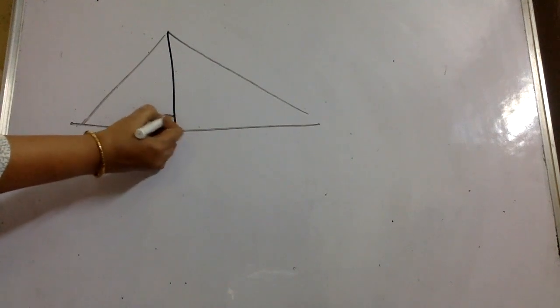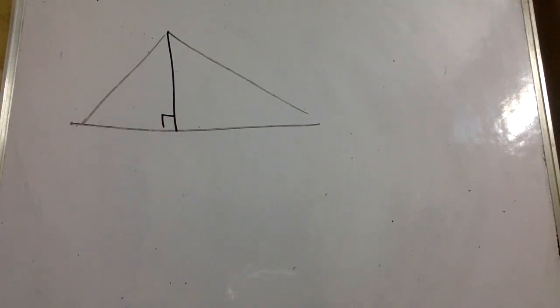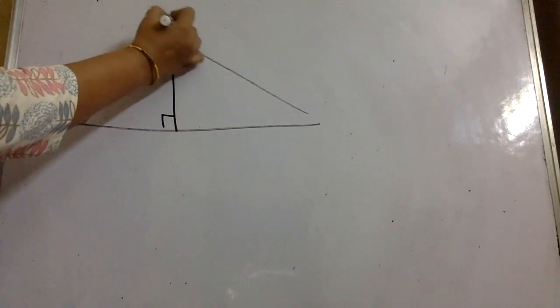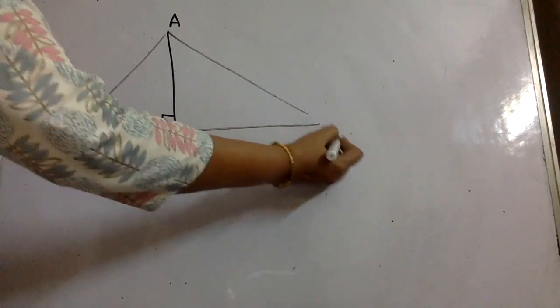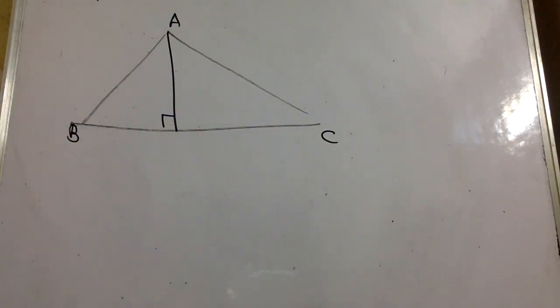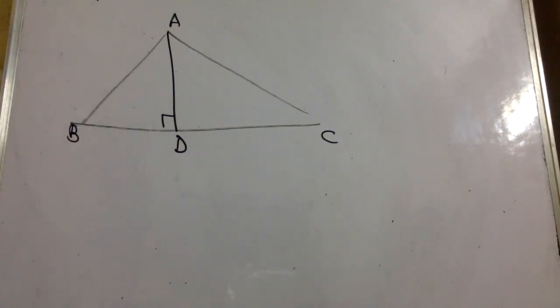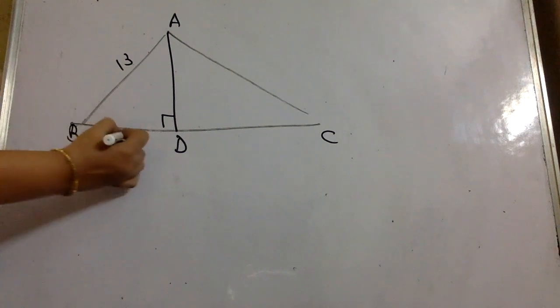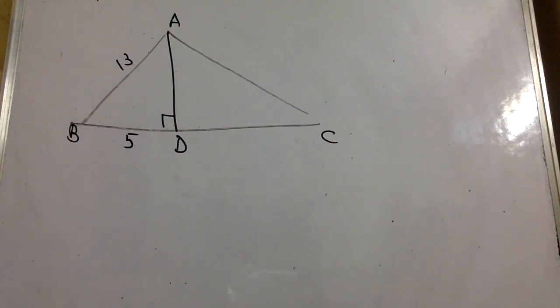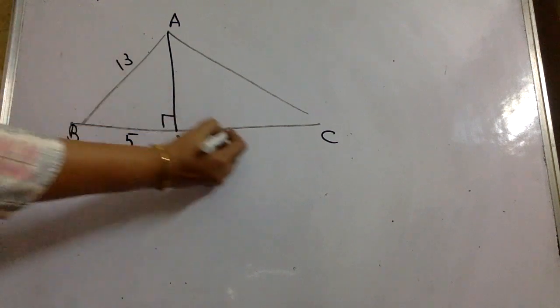So the figure is like this. This is A and then B and then C. Then here we have D. Then this is 13, this is what is given to us. This is 5. This is 16.